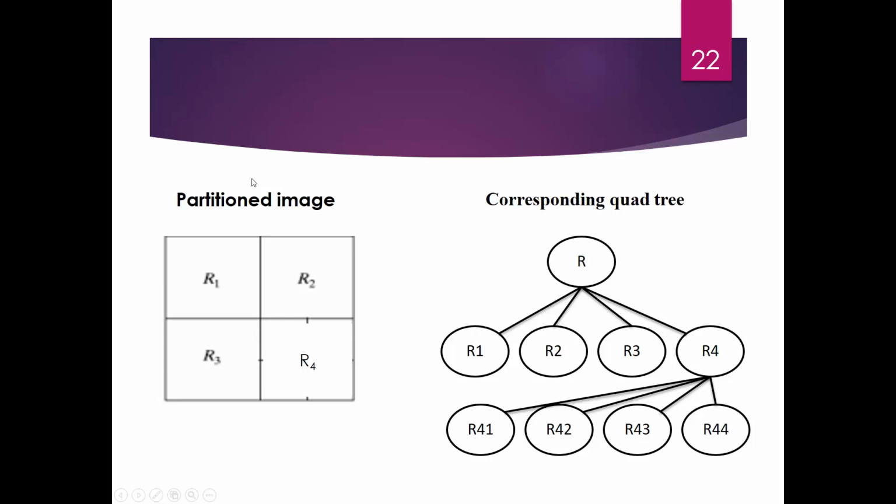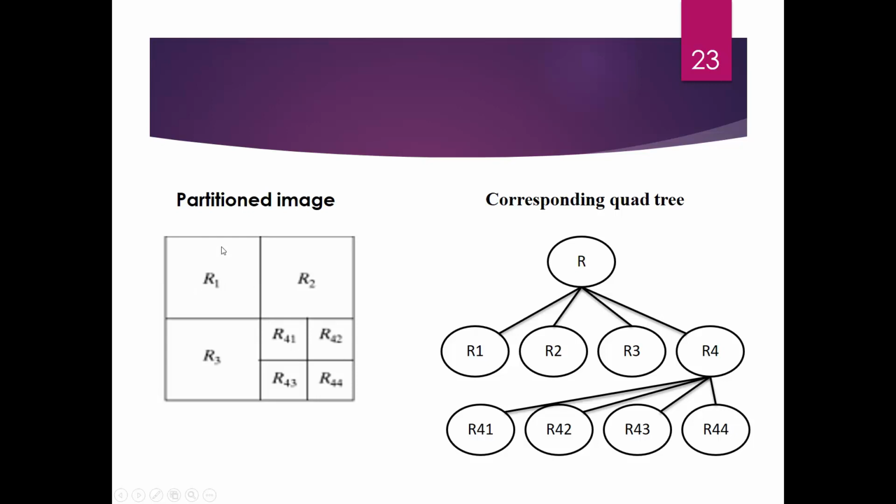So now I am going to explain with the help of this figure. Initially, we have a complete image, that is a non-partitioned image. That region is known as capital R. Now we are going to divide it into 4 quadrants, for example, R1, R2, R3 and R4. Further, we are going to partition R4 into 4 quadrants.